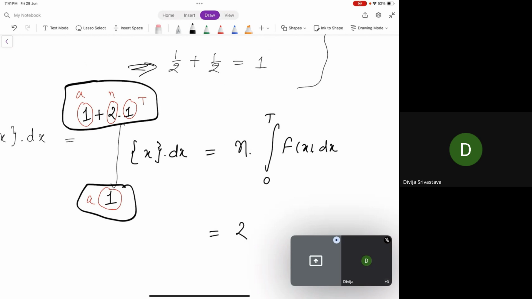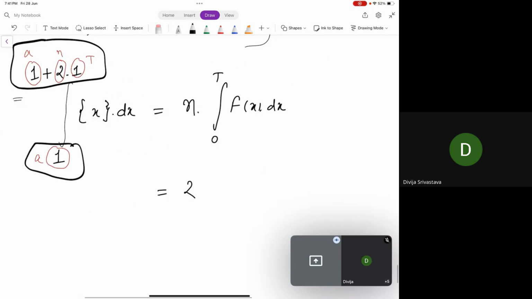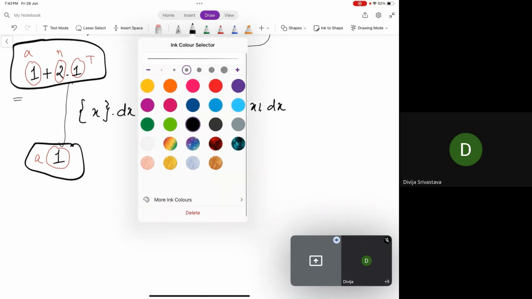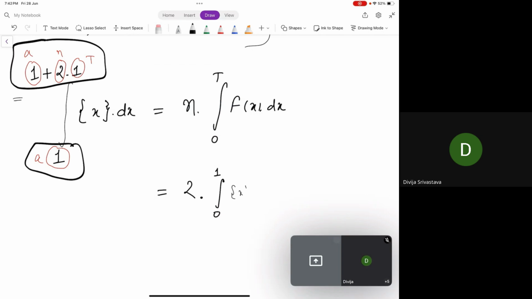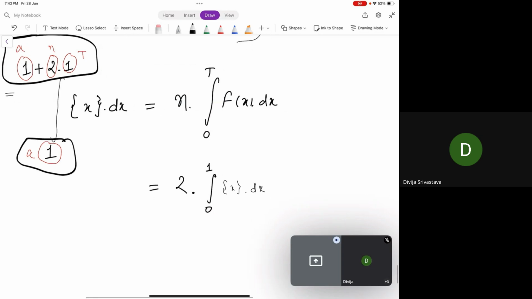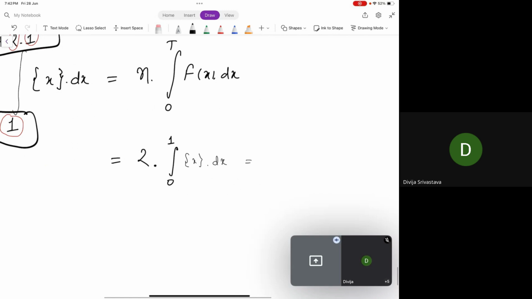So n is 2 here, so 2 multiplied by integral from 0 to t, t here is 1, of f(x), which is fractional part x, into dx. Again, it's a very simple integration.